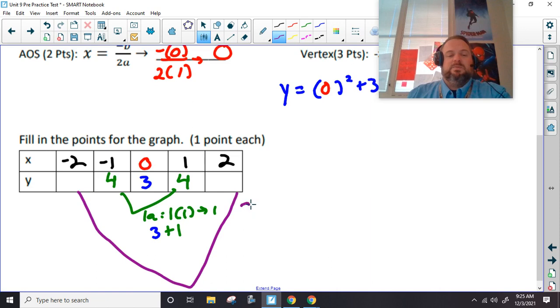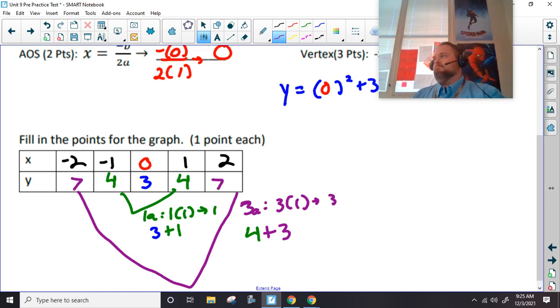All right, so we have 3a, which is 3 times 1, which is 3. So now we have to take 4 and we add 3 to it. So this would be 7. That's it.